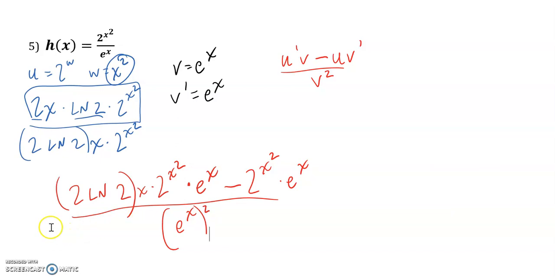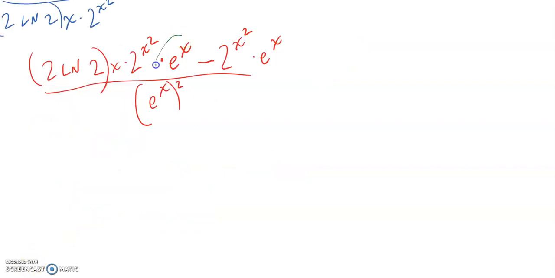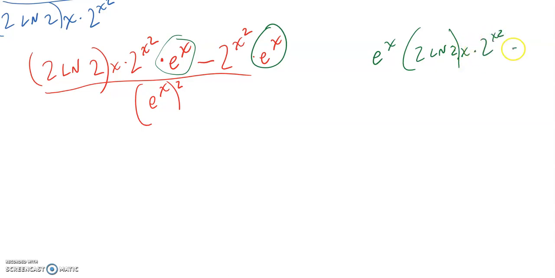I'm going to go one step further in just a second. In terms of factoring, if you want to go there, I'm looking at two terms that have an e to the x, so I'm going to pull that out front. So that leaves me with 2 natural log 2 times x, times 2 to the x squared, minus, oh, pause video.